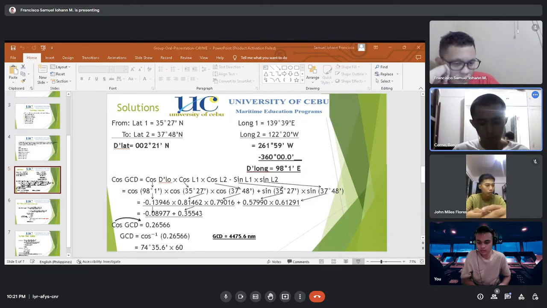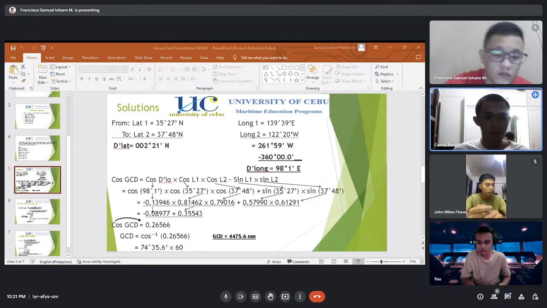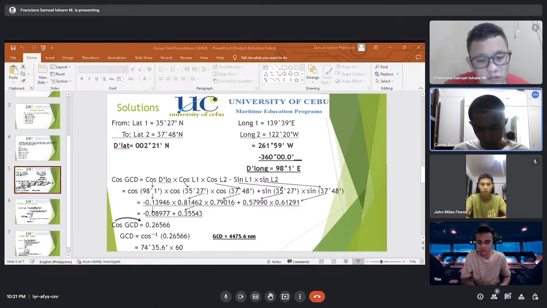And then shift degrees, which is 74 degrees 35.6 minutes. And then by getting the GCD, which is the distance, we should multiply it by 60. So times 60 is equal to 4475.6 nautical miles.